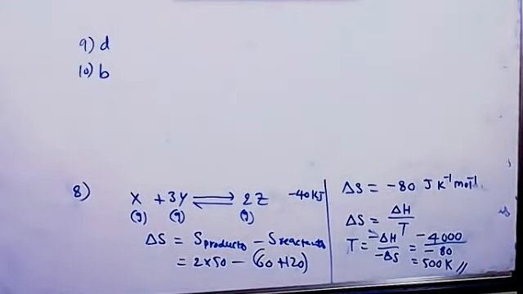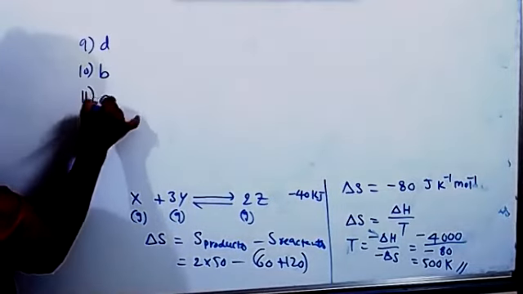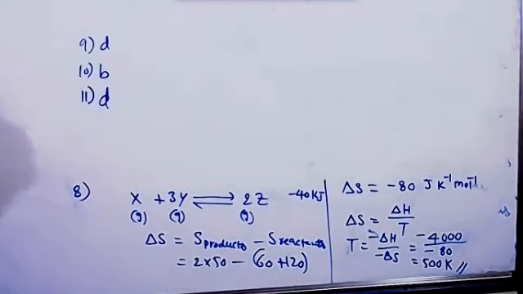11th, entropy of the universe is constant, 0, continuously decreasing, continuously increasing. So D is the correct, continuously increasing. 12th, in which of the following processes is a maximum increase in entropy observed? So where are we observing maximum disorderness. Melting of ice, liquid, okay, entropy increases.